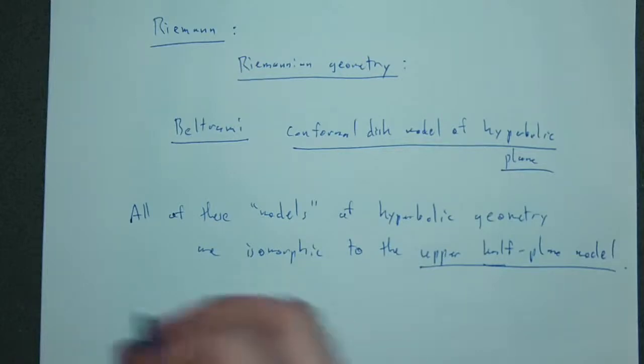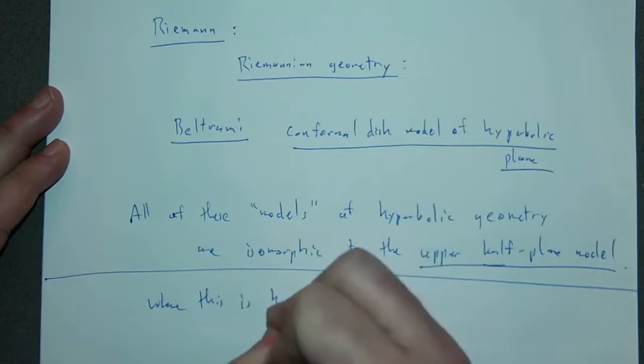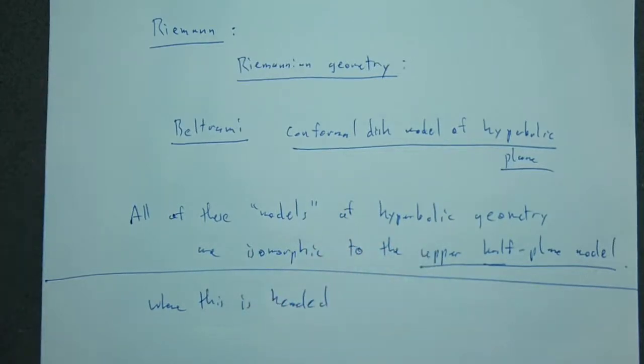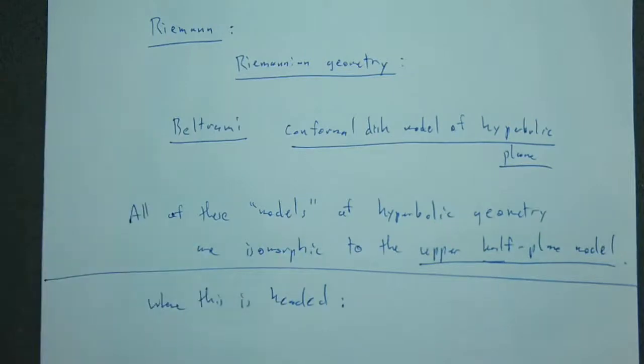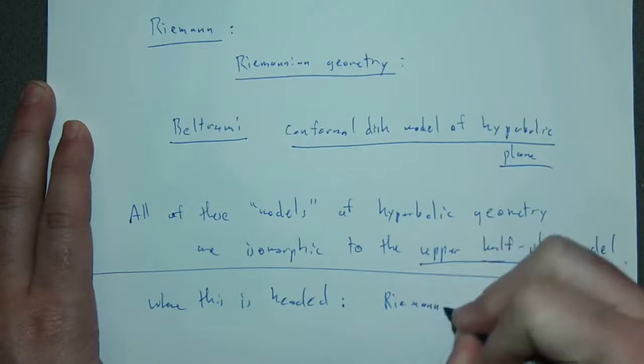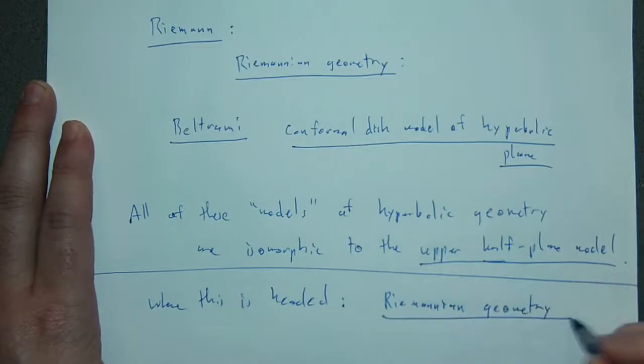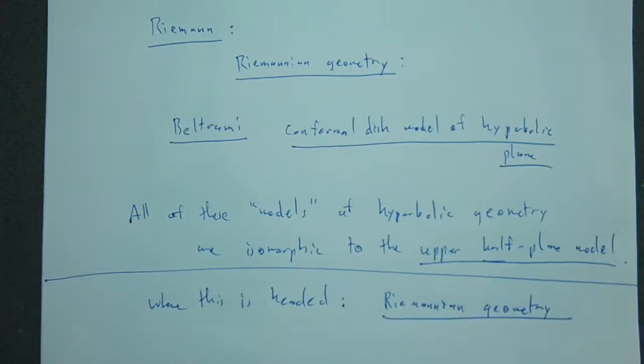So a couple of last things, where this is headed. If you're interested in the direction that this is going in, I already mentioned, geometry of curves and surfaces in space is the first thing to think about. That sort of geometry leads directly to what is called Riemannian geometry, which is the study of objects that are called Riemannian manifolds.